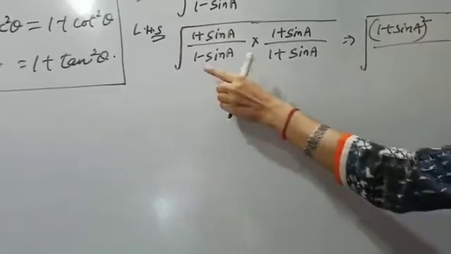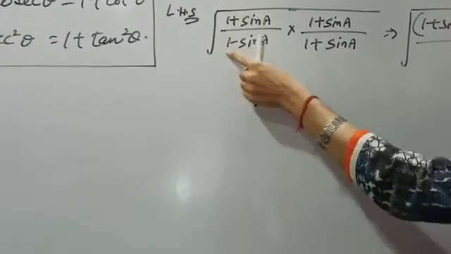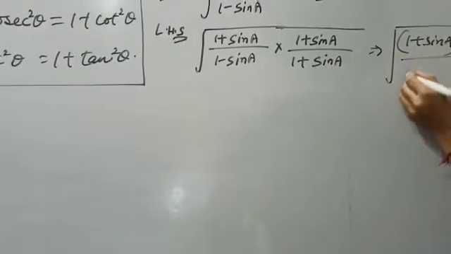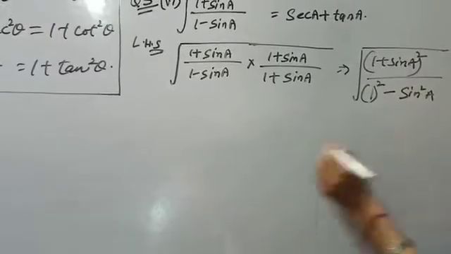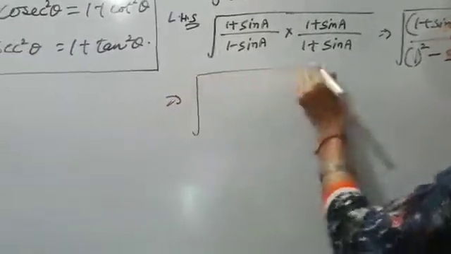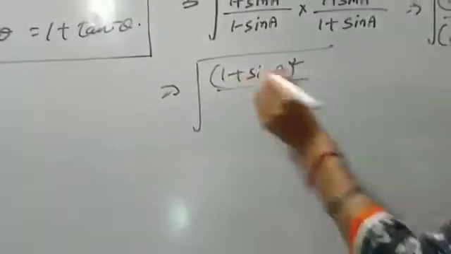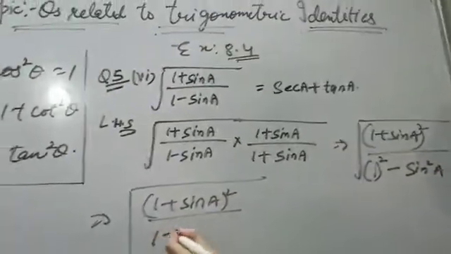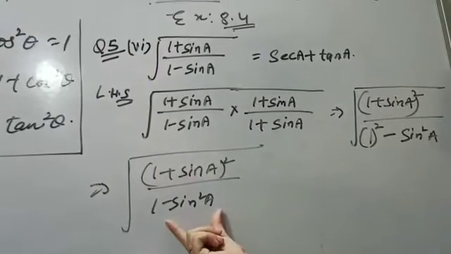In the denominator, 1 minus sin A and 1 plus sin A use the A minus B and A plus B identity, so 1 square minus sin square A. So we can write 1 plus sin A whole square upon 1 minus sin square A. Now we have to relate the identity.